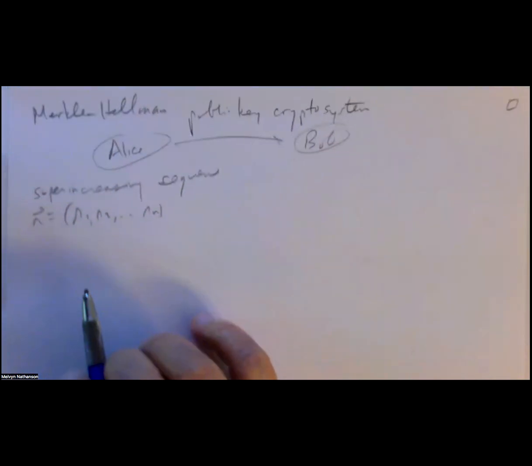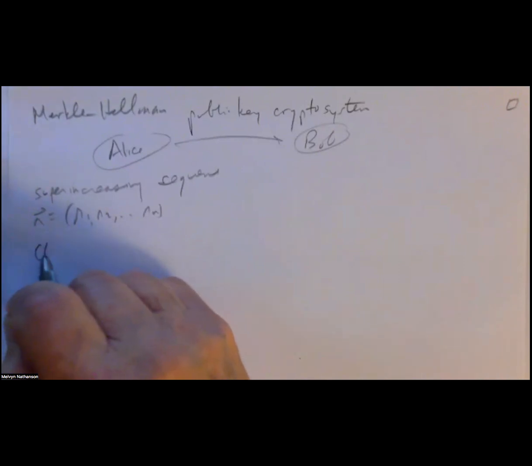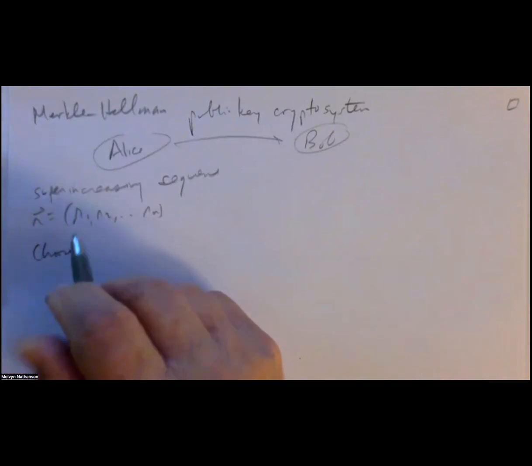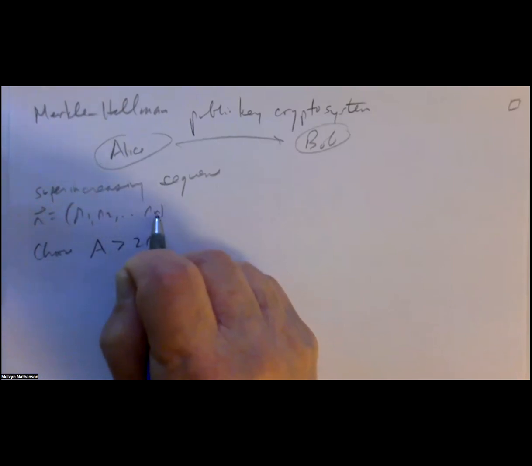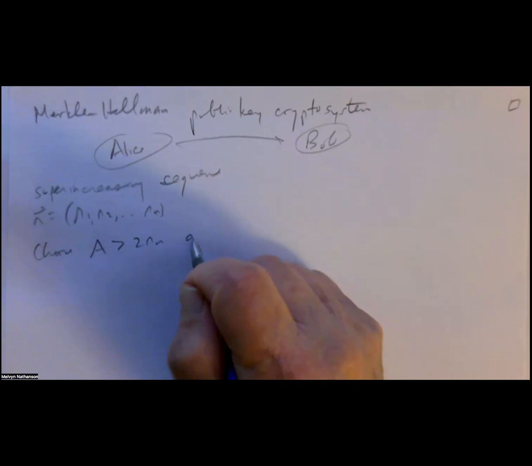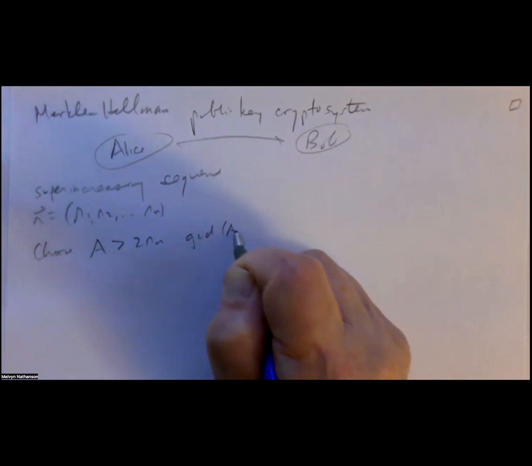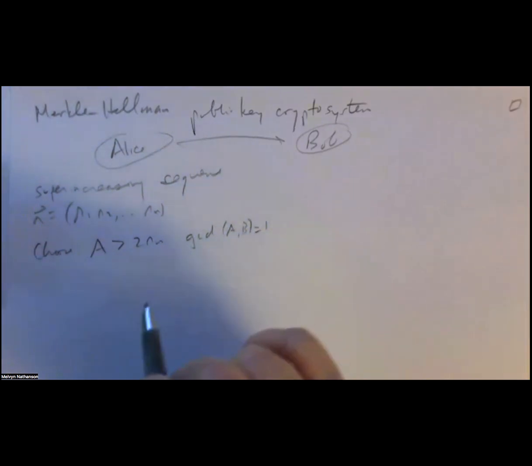So that's some vector of n numbers. Then she chooses 2 numbers A and B, where B is bigger than 2 times the largest number in the sequence, and the GCD of A and B is equal to 1.